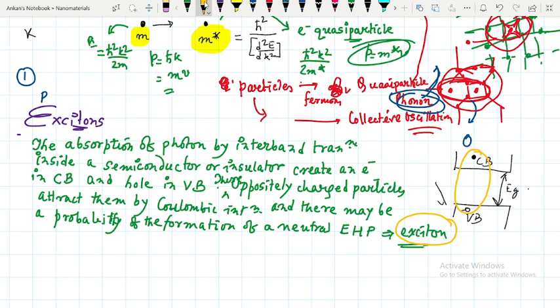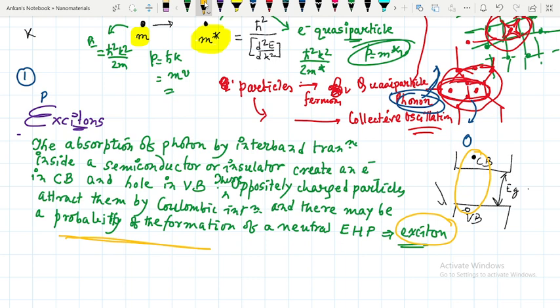This does not necessarily happen every time, as I have said there is a probability of formation; there is a finite probability of forming this electron-hole pair, which is known as the exciton in simple language.